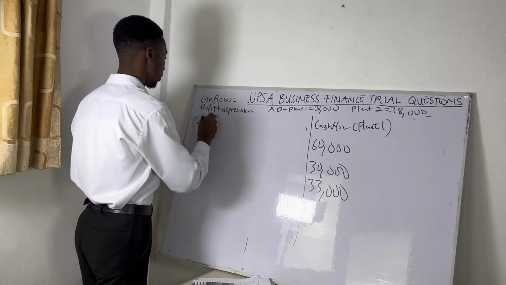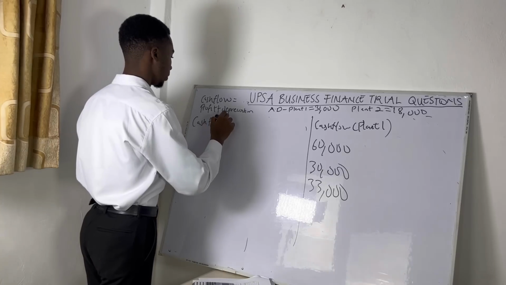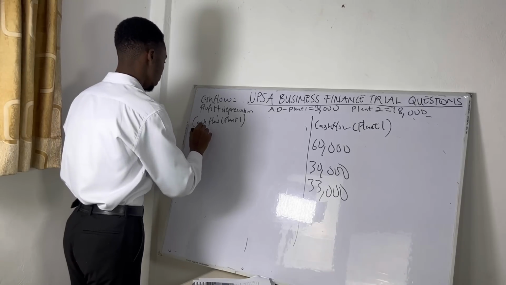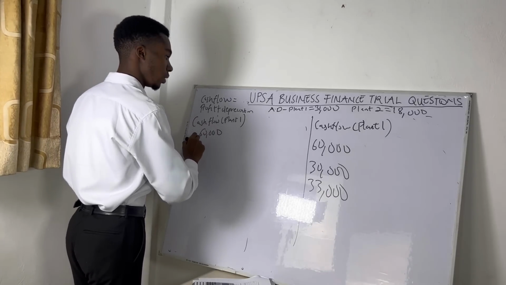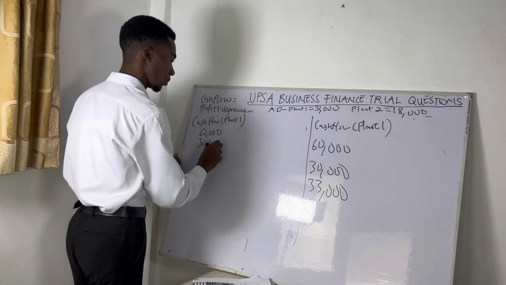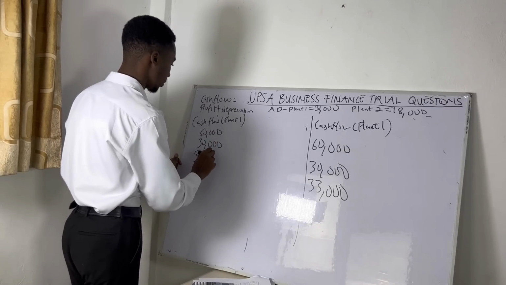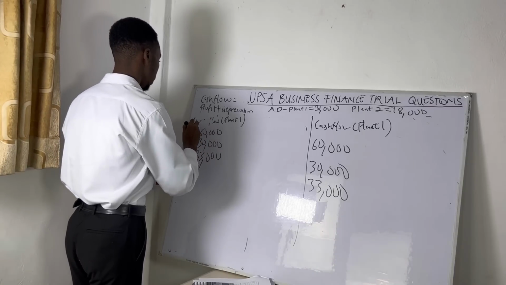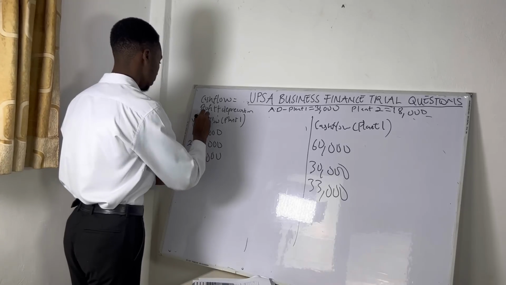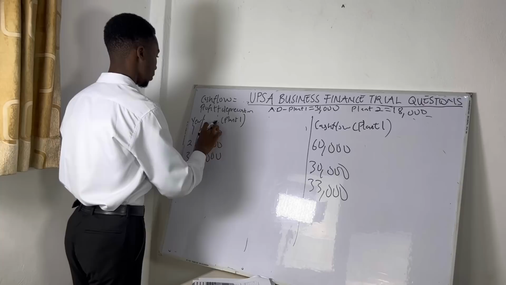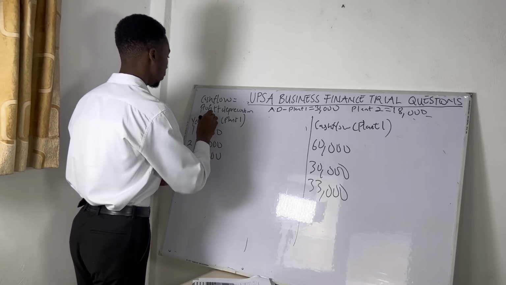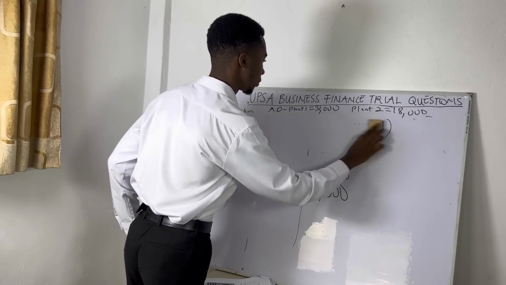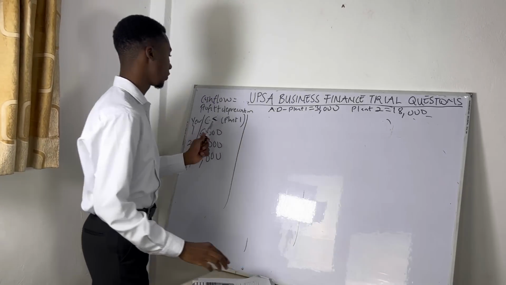The cash flow for plant 1: we have 60,000, then 30,000, then 33,000, for years 1, 2, and 3. I'll just write it as CF. These are the cash flows for plant 1.